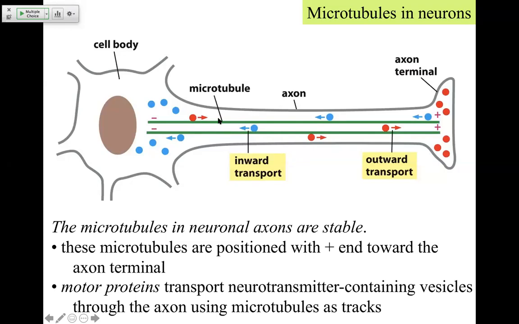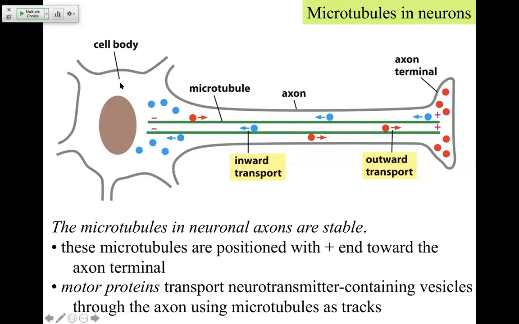This is where microtubules serve as a track that vesicles will travel on. Vesicles, for example, secretory vesicles that were shown here in red, that are carrying that neurotransmitter to the axon terminal. Remember, this is a form of regulated secretion.